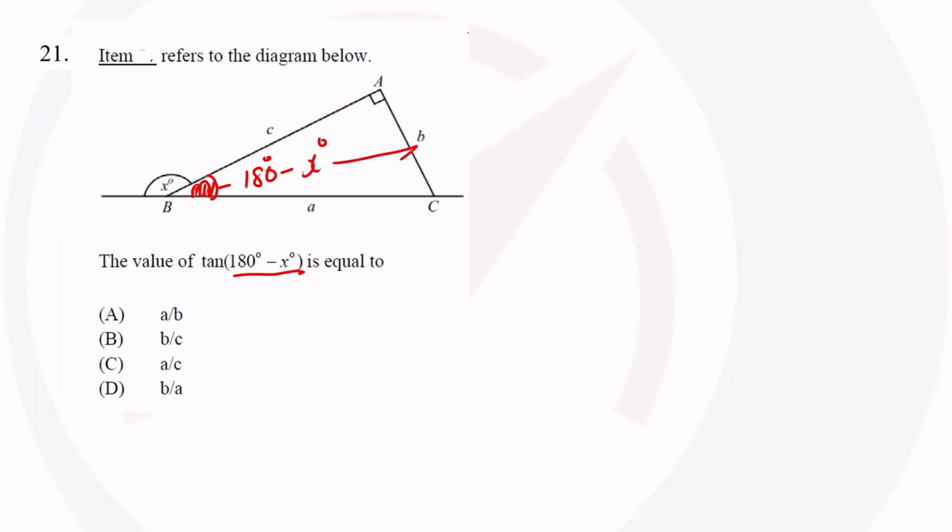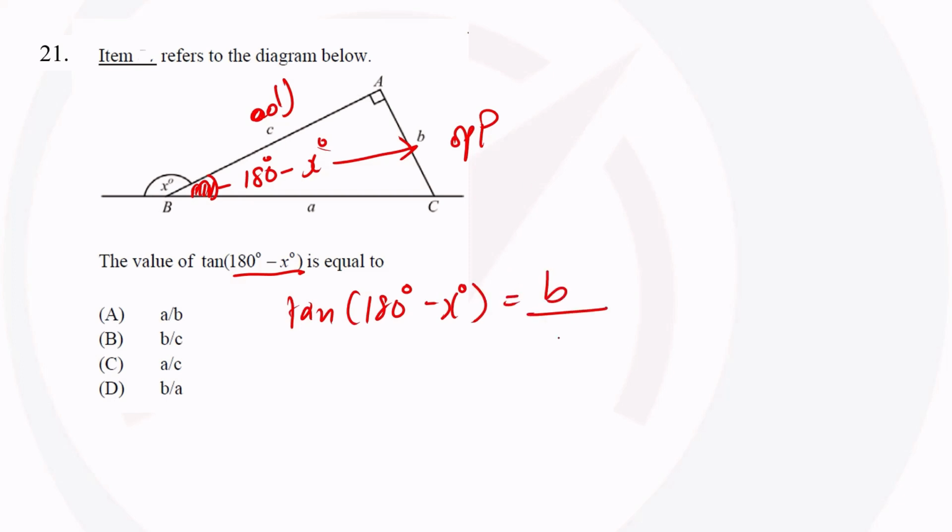We have the opposite side B, and then our adjacent side, which is C. So tan of 180 degrees minus X degrees is equal to the opposite B over the adjacent C, which gives us B over C.